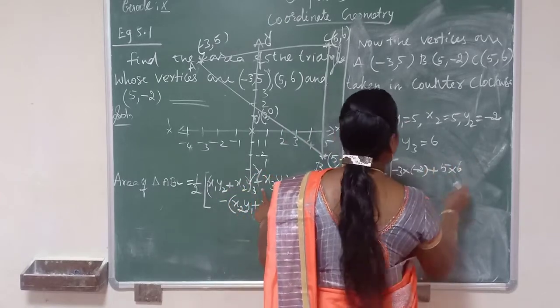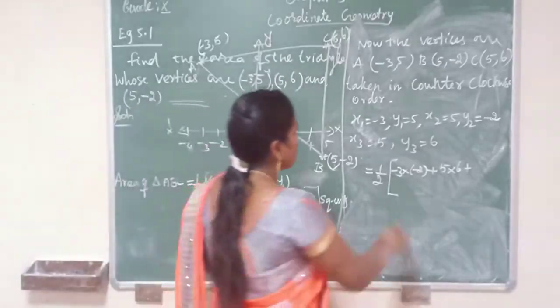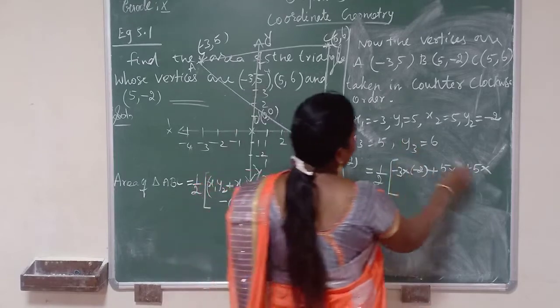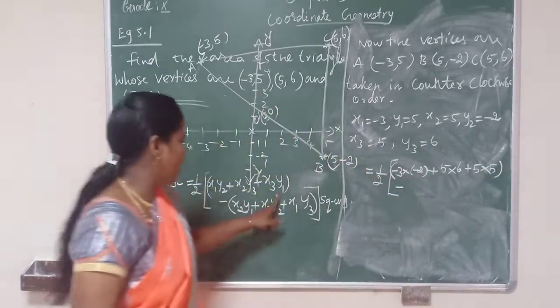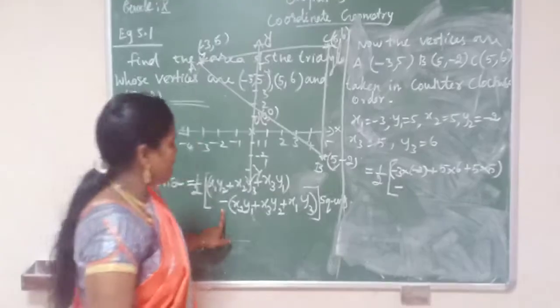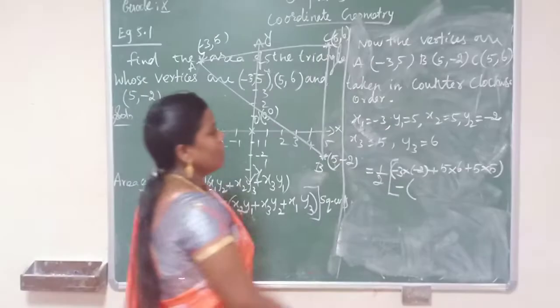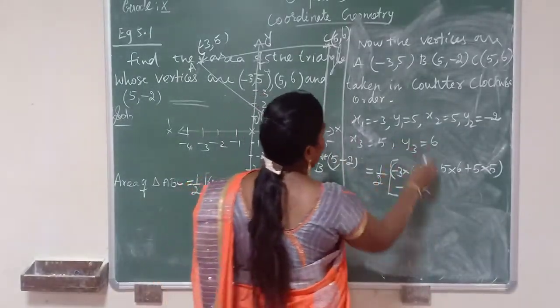Then again plus. Next x3 y1: x3 value is 5 into y1 value is 5. Then close the bracket. Then minus, as in the formula. Again a bracket, then next x2 y1: x2 is 5 into y1 we have 5.